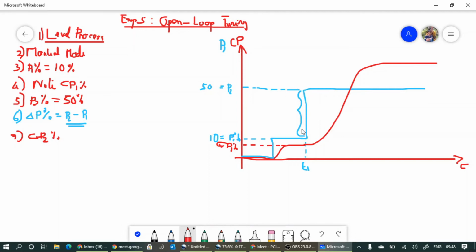With respect to that step change, the process variable changes from Cp1 to Cp2. It will take some time. So we note the second settled value. This one is the new settled value Cp2 in percentage.